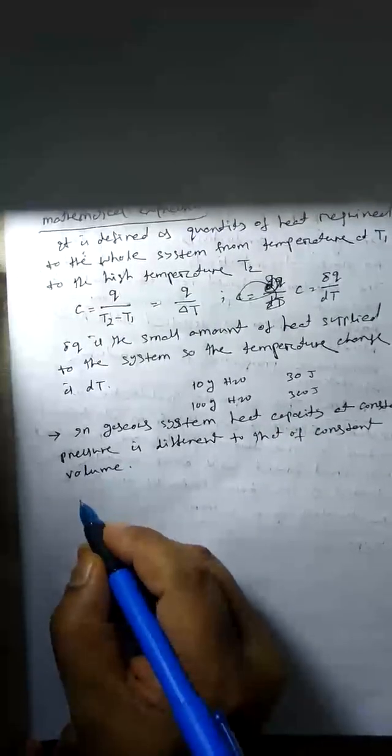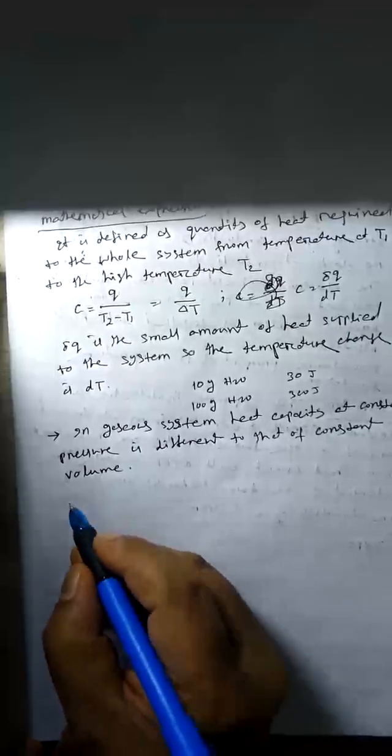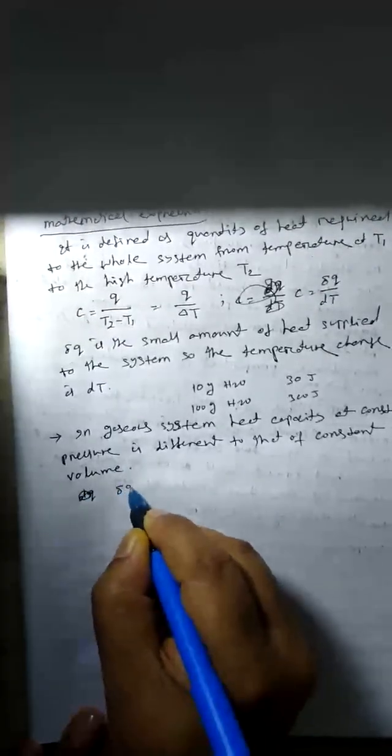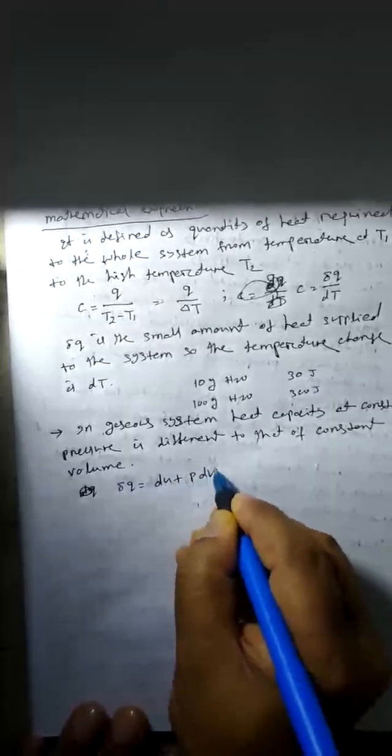Suppose I talk about heat capacity at constant volume. According to the first law of thermodynamics, del Q is equal to dU plus PdV.